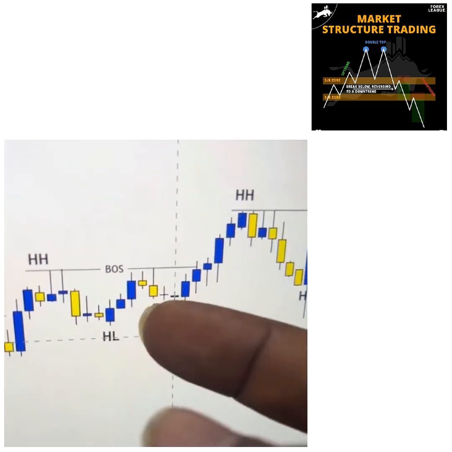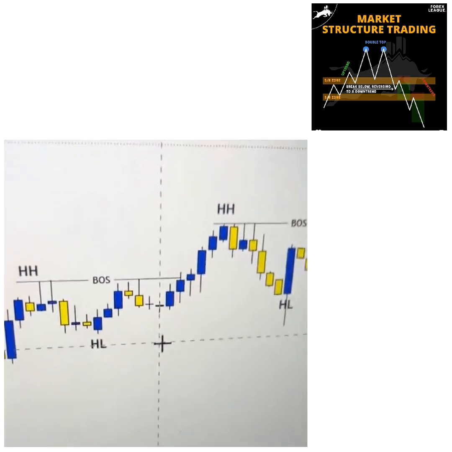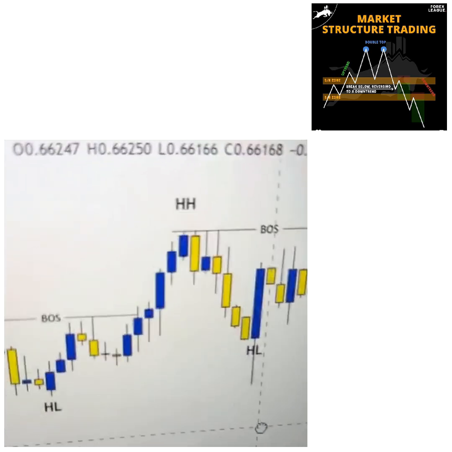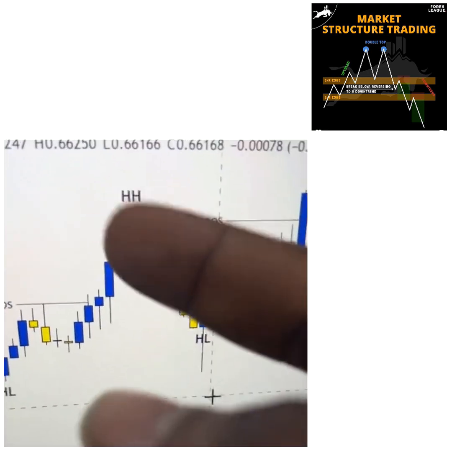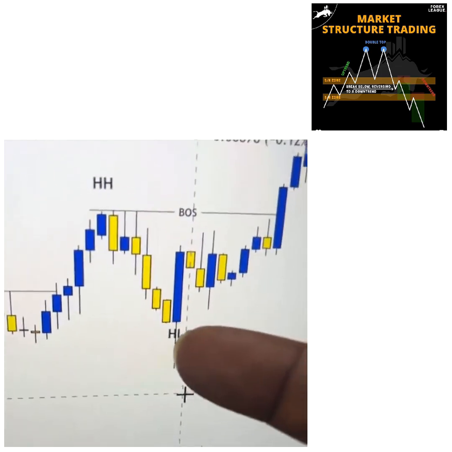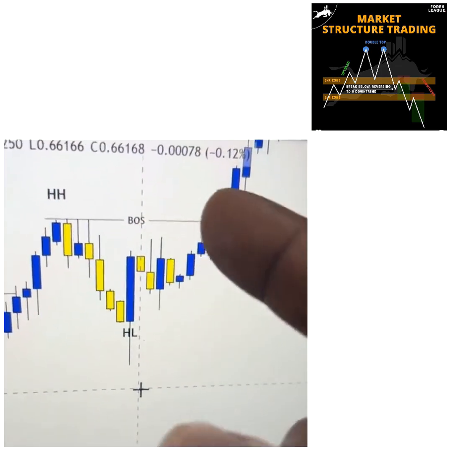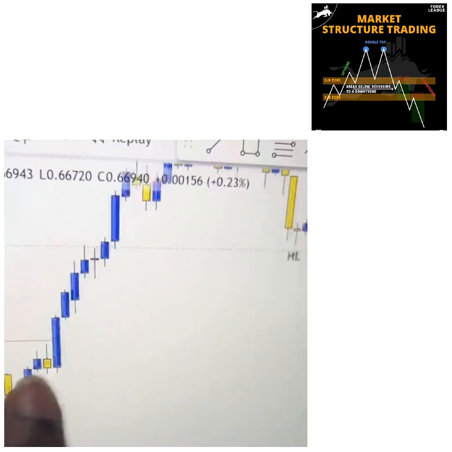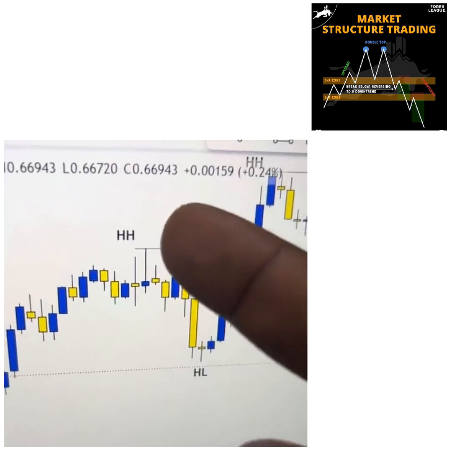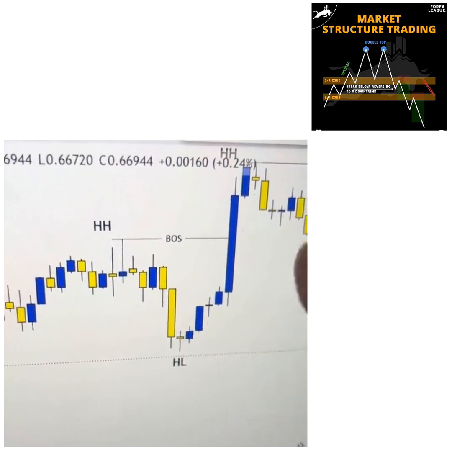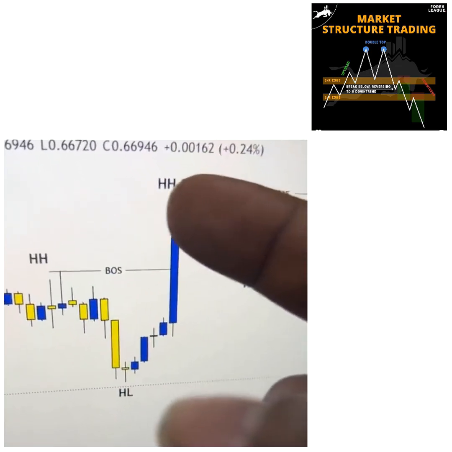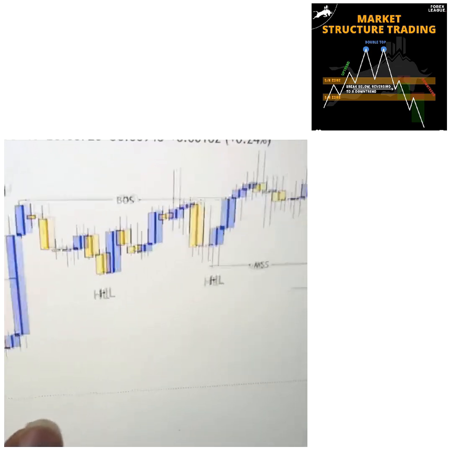Now we have a break of structure showing that we are going up. At this area here, the market pushed up, came down, giving us a higher low that created this break of structure. We still understand that the market is going up. The market went up, higher high, came down, higher low, creating this break of structure, giving us a new higher high. Let's keep on going.